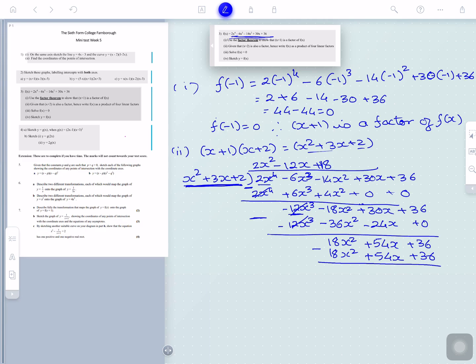Take away, answer is 0. So we can write f of x equals x plus 1, x plus 2 times 2x squared minus 12x plus 18.